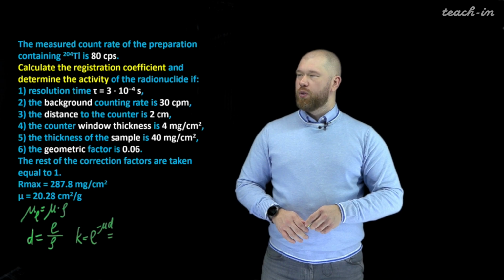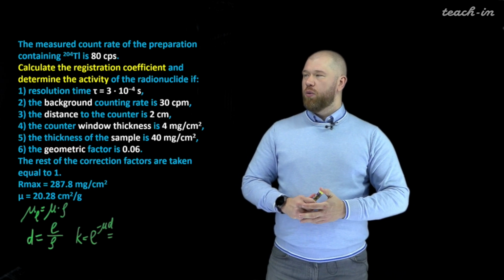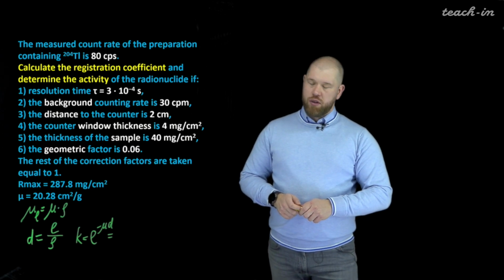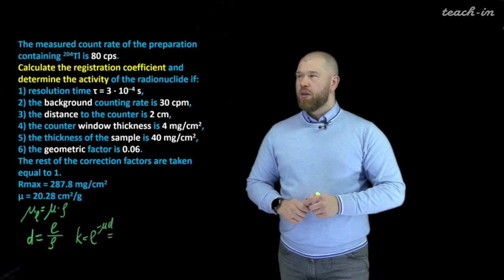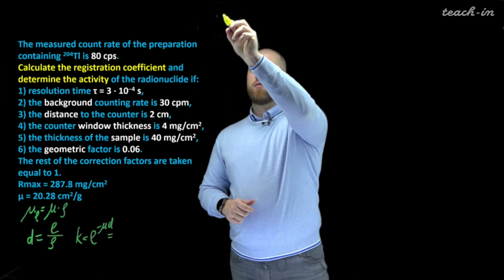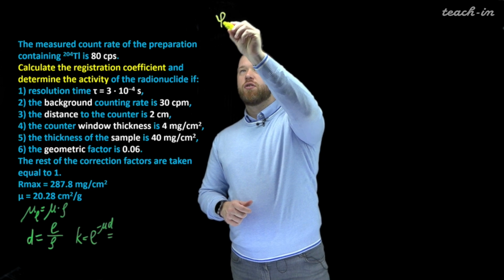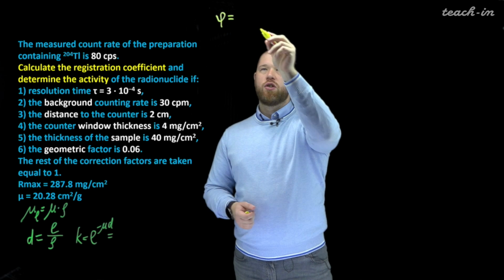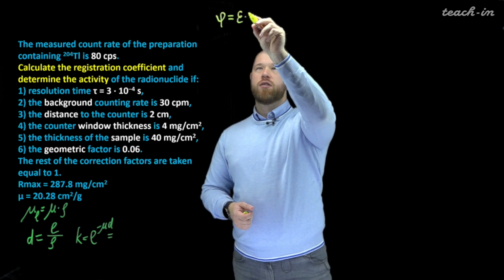Okay, so now first of all we have to calculate the registration coefficient, and I will write it here again. This registration coefficient is equal to the multiplication of all these factors.